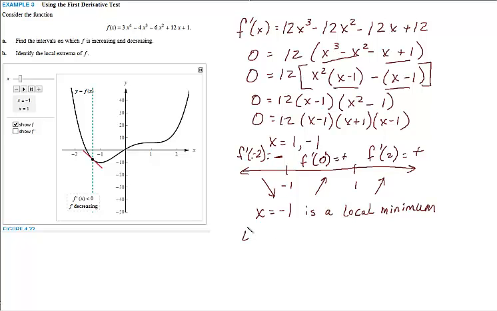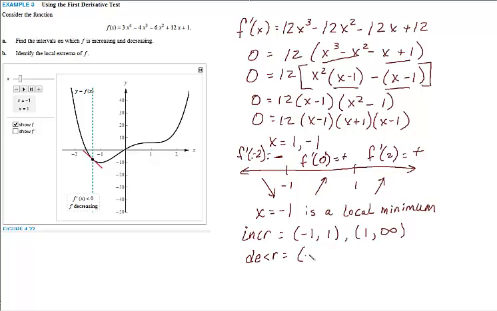And I will write the intervals of increasing and decreasing. The interval of increasing would be from negative 1 to 1, and from 1 to infinity.